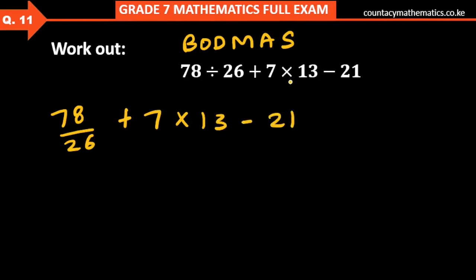There is a common error that many students make. They start with the simple things. They say it is very easy for me to do 26 plus 7, that is 33, and then you find yourself writing 33.